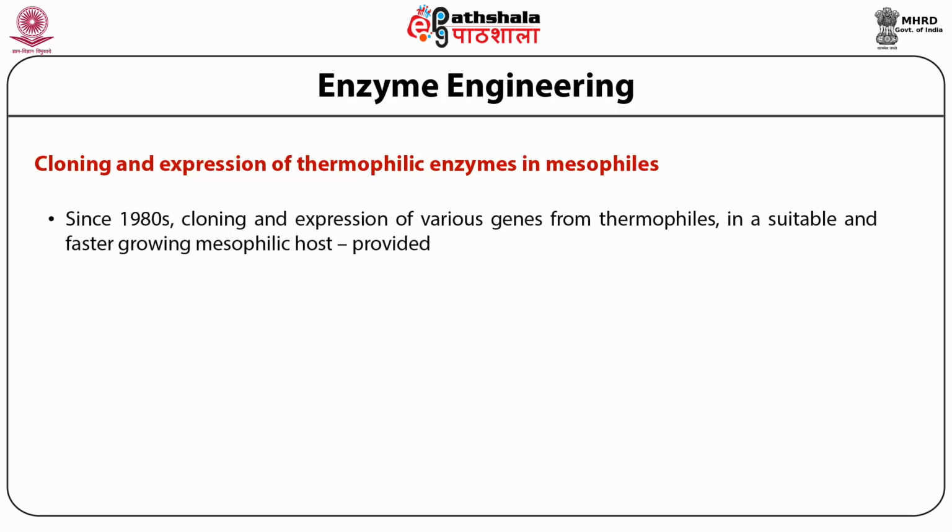The cloning and expression of these enzymes has been going on since the 1980s, where the cloning was carried out in mesophilic hosts, which actually provided for the production of these enzymes in large quantities. Now, there were two different methods by which these enzymes were primarily cloned.